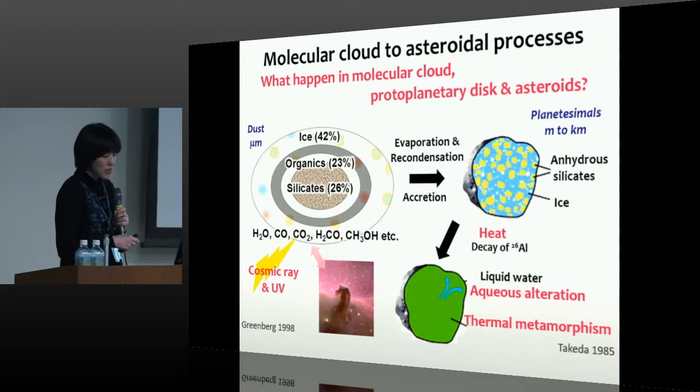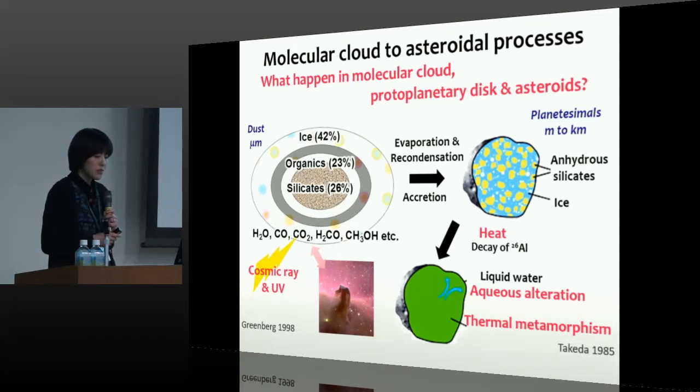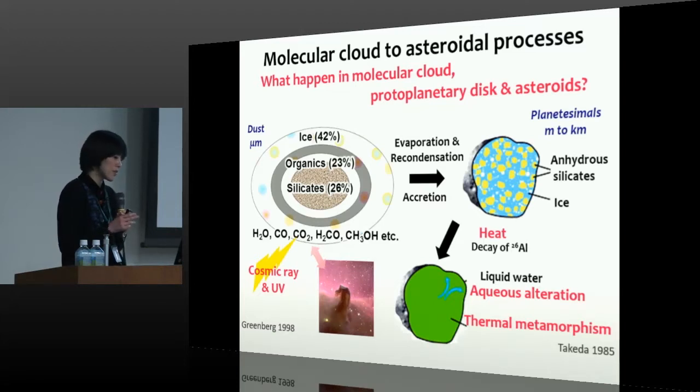And the planetesimals containing ice, then they are heated mostly by the decay of aluminum-26, and then the liquid water circulated in the inner part of the asteroids. So the liquid water reacts with anhydrous minerals to form secondary minerals, such as hydrated silicate, like phyllosilicate or carbonate, and so on.